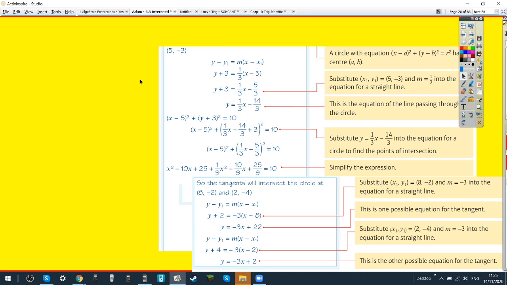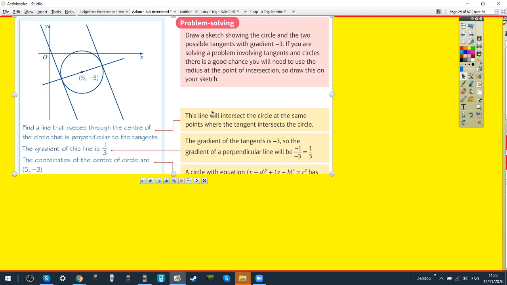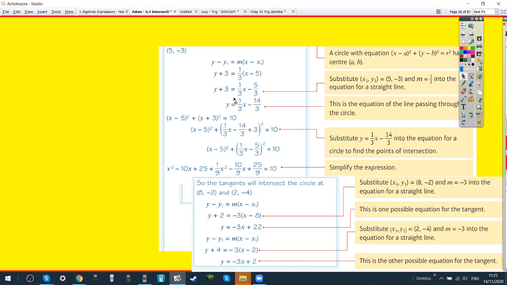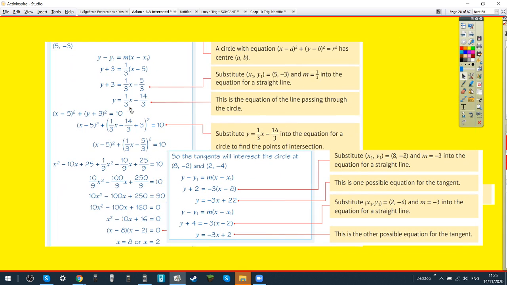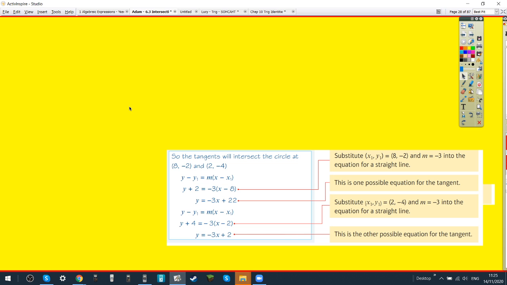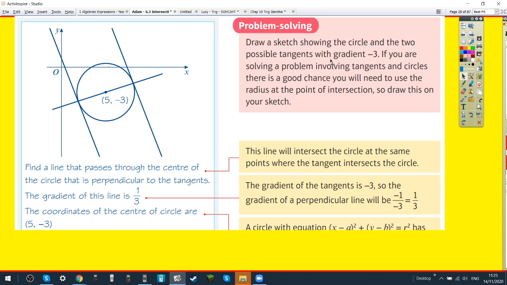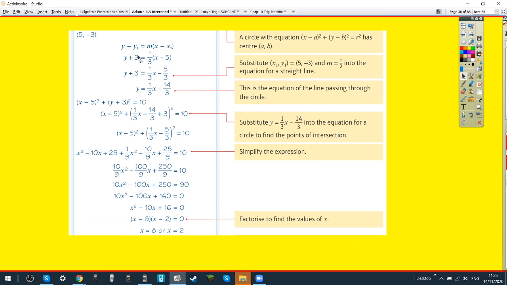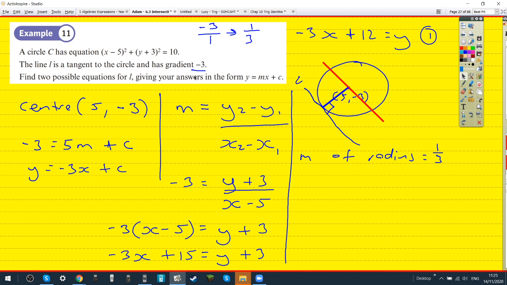This is messy. Okay, so this is what we did. So far so good. So 5, minus 3 and a third. So they're finding the equation.